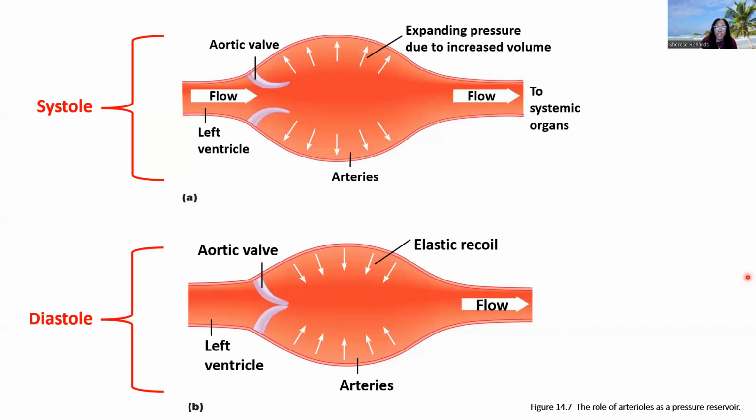And so even during diastole, we can maintain good perfusion. We can maintain good flow from our major arteries out to our systemic organs, even when the aortic valve is closed. Okay, so that elastic nature of the aorta is extremely important to keeping our systemic circulation adequately perfused.